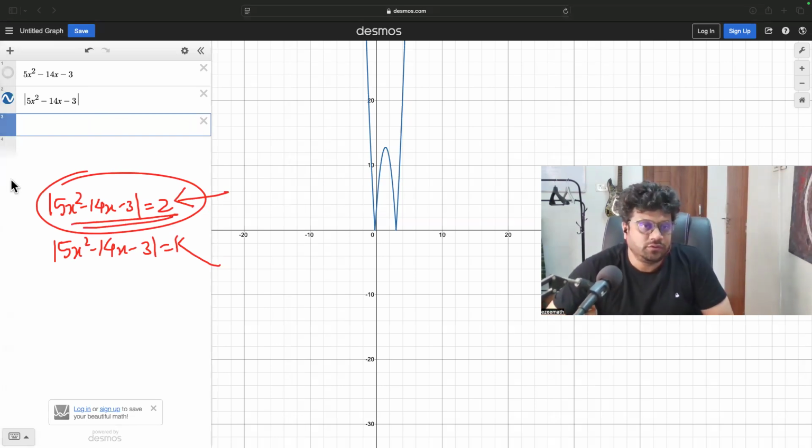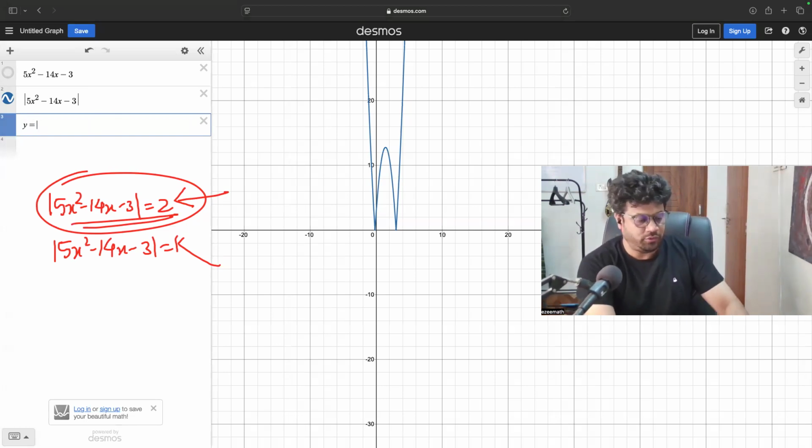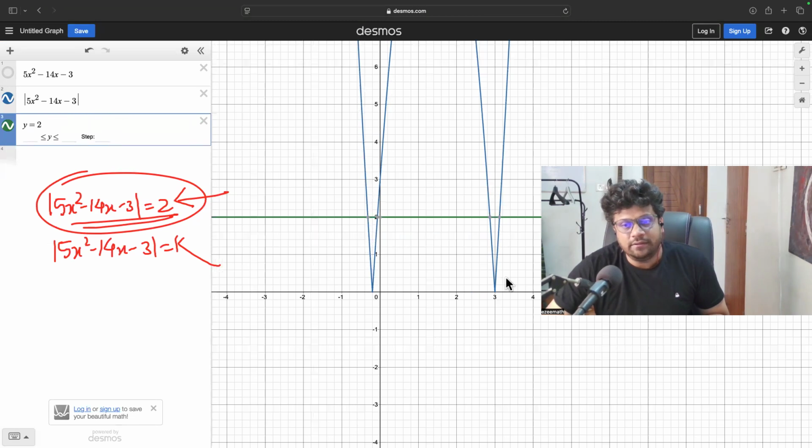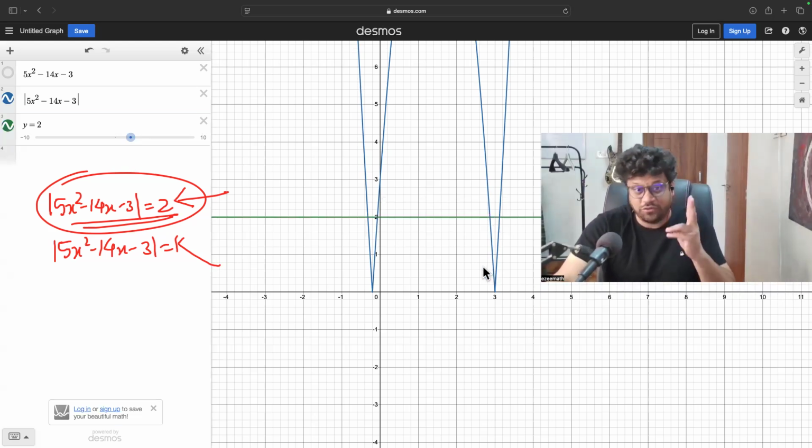Okay. So I draw y equal to 2, and for this equation, x is supposed to be negative 0.32, negative 0.07, 2.87, and 3.12. Four solutions I have for this one.